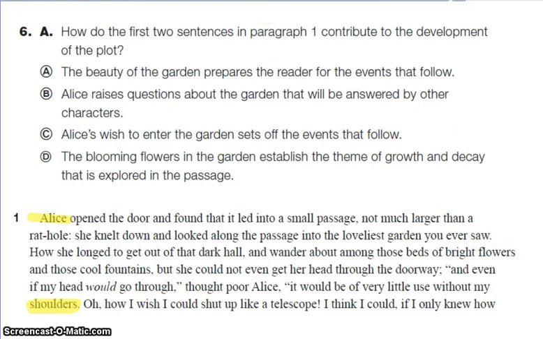And at the end of that garden is basically what Alice wants. She wants to get to that garden. However, these two sentences are also introducing a problem. It's introducing the fact that she cannot even get her head through the doorway. So even though she longs to go to the garden, there's an obstacle standing in her way.